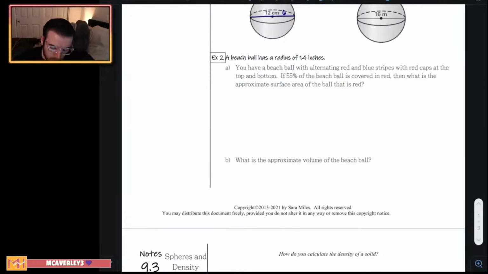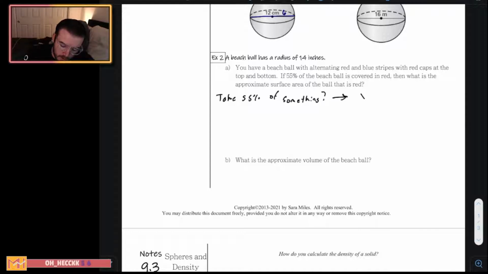You have a beach ball with alternating red and blue stripes with red caps at the top and bottom. If 55% of the beach ball is covered in red, then what is the approximate surface area of the ball that is red? So, how do you take 55% of something? How do we accomplish that math?